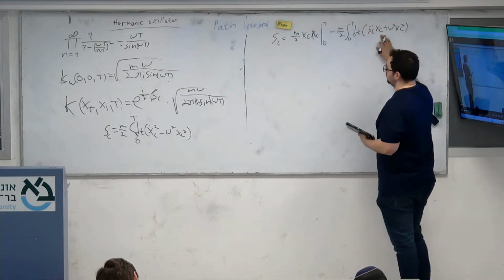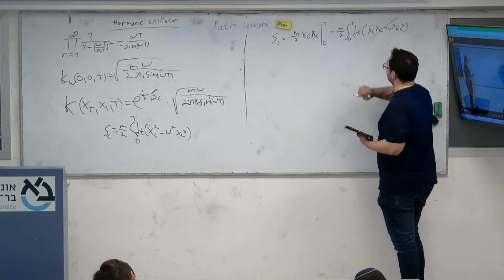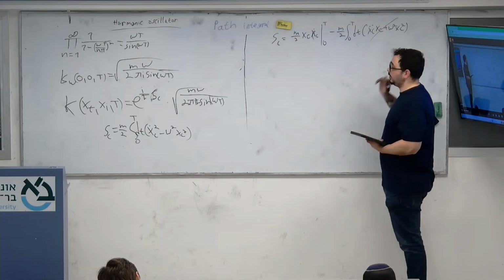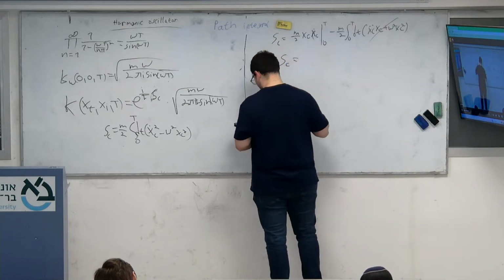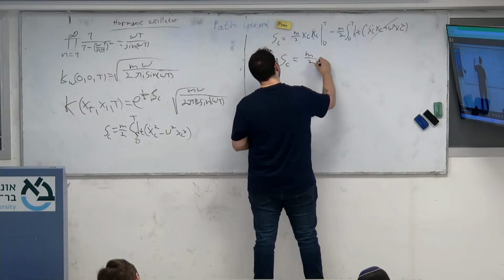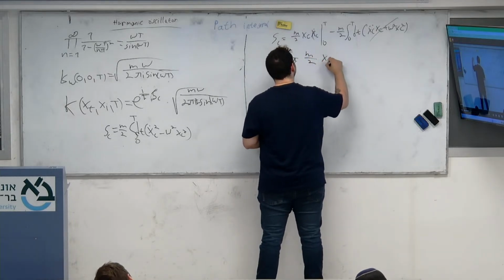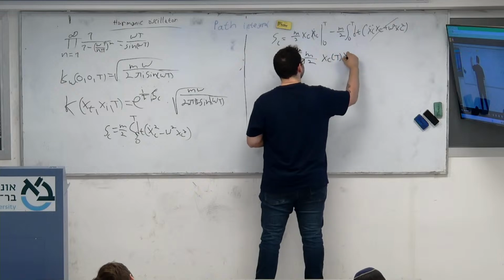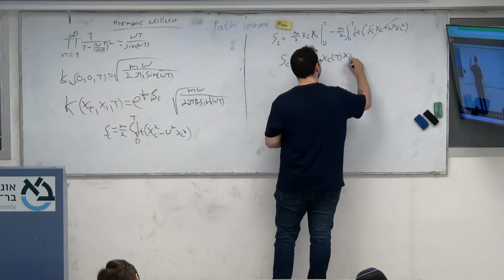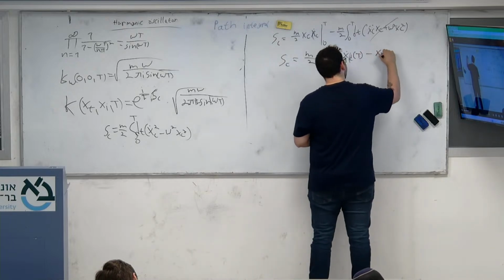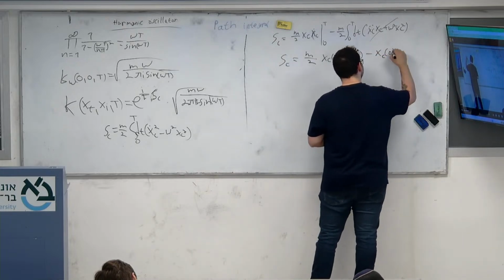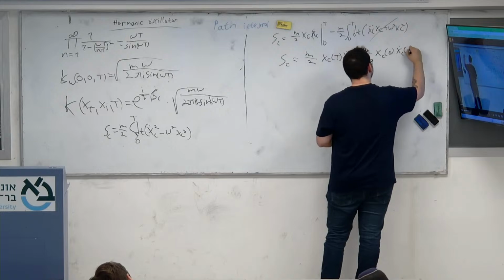Now this term cancels out, the classical equation of motion, and SC will just be equal to m divided by 2 of xc t xc dot t minus xc of 0 xc dot 0.